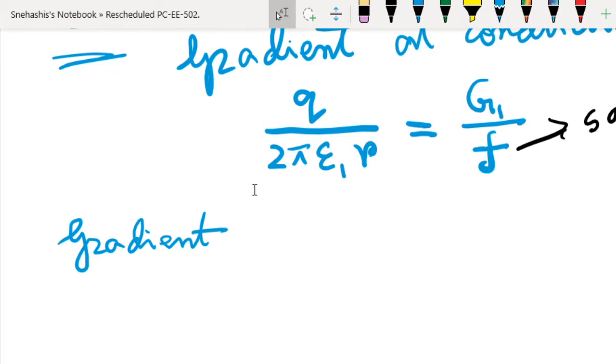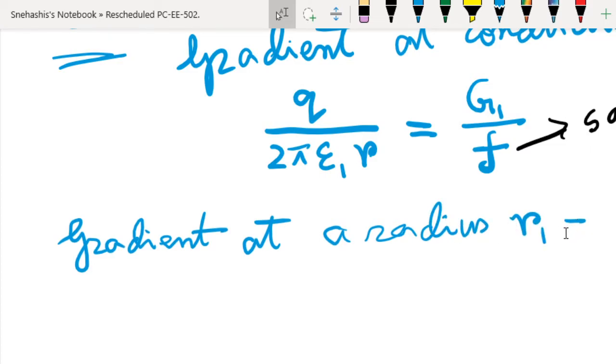Gradient at a radius r1 will be q by 2 pi epsilon 2 r1, and its working stress is g2.